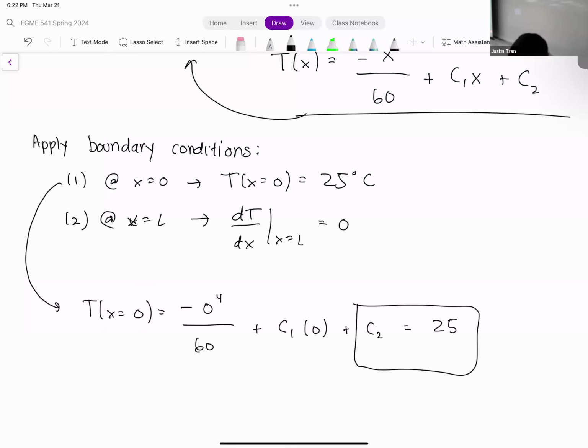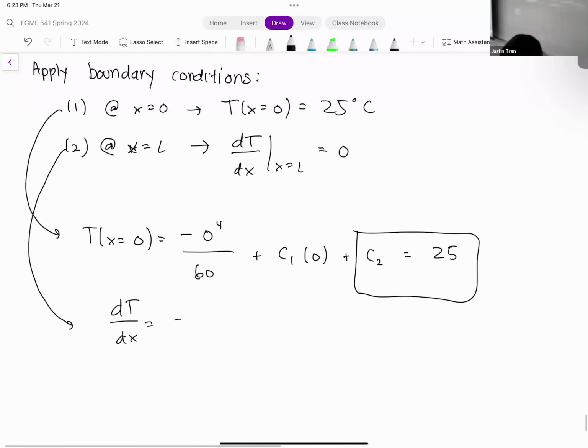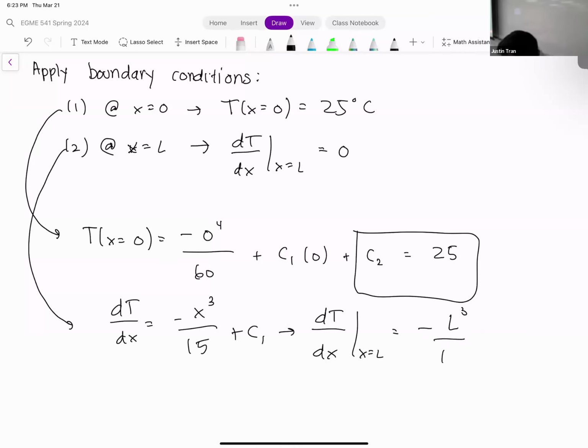Okay. And then for the second boundary condition, we have dT dx. We know from our general solution procedure, dT dx is equal to minus x cubed divided by 15 plus C1. Okay. If we apply this at x is equal to L, okay, we get minus L cubed over 15 plus C1.